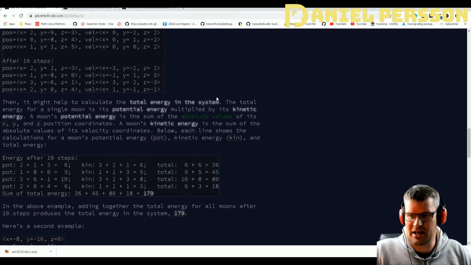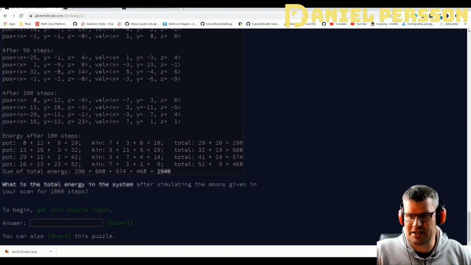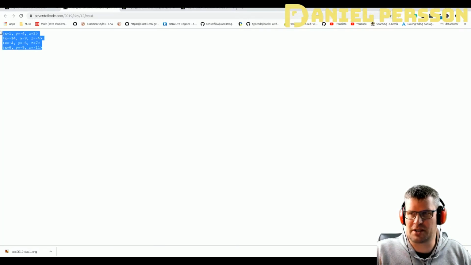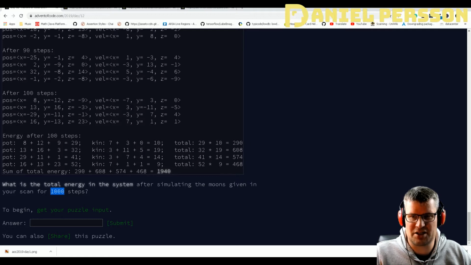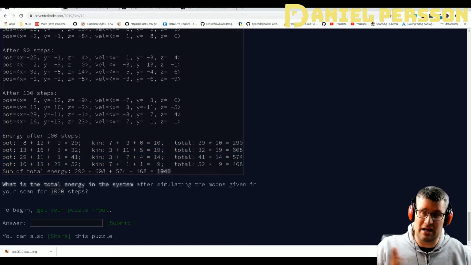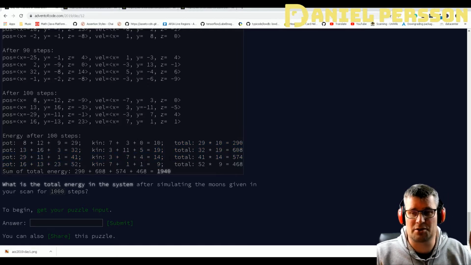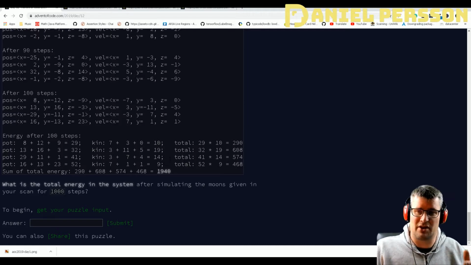And then what we are actually wanting to do is figure out with this puzzle input that we have over here, what will the position be, or what will be the total energy of the system after 1000 steps. And the total energy of the system is the velocity added up in any direction. So that means that we need to absolute those values. So if there's minus 11, that means 11.